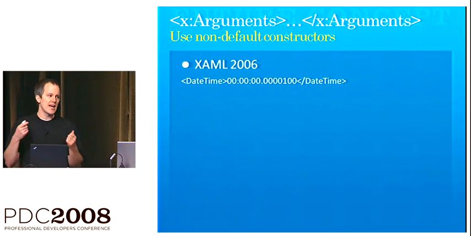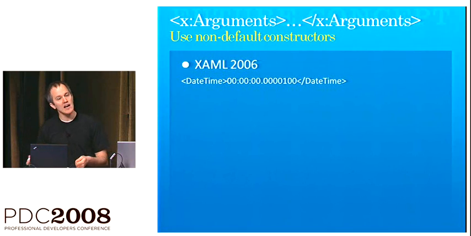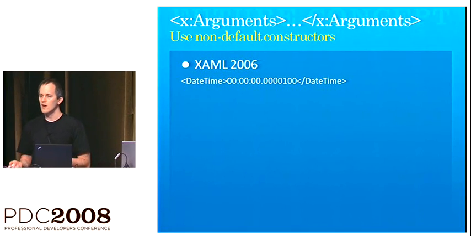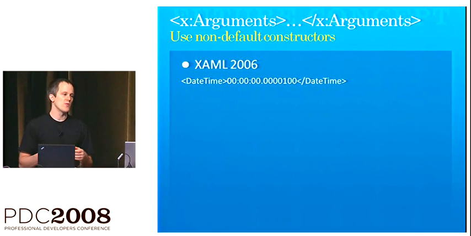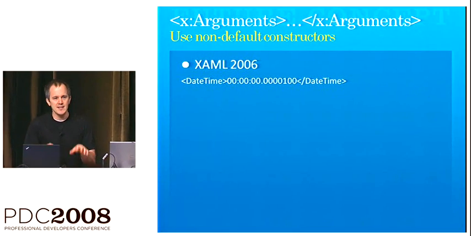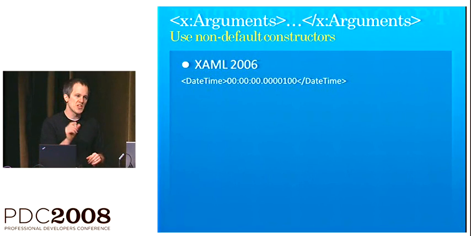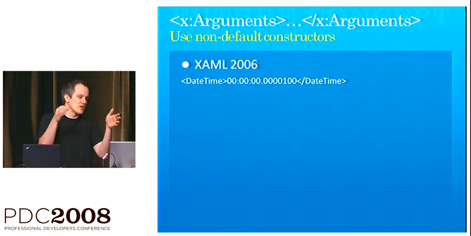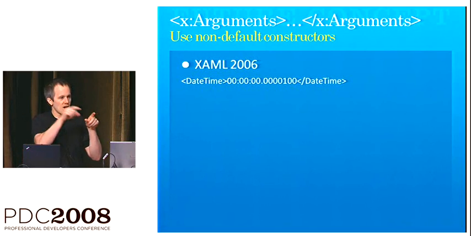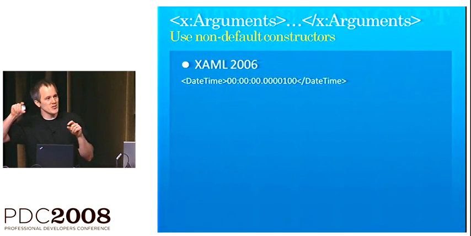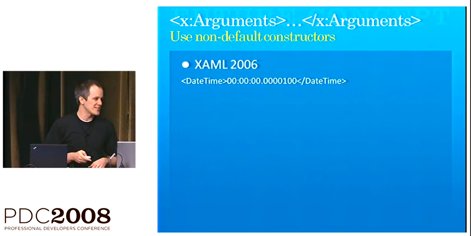Today, if you want to use a type in XAML, it pretty much has to have a public default constructor, or it has to have some sort of type converter. For example, if I wanted to write down in XAML that I want a DateTime to represent the specific time of 100 ticks, well, there's really only a string format for DateTimes today, so I'd have to remember how many microseconds a tick is and then figure out what the string format is and how many zeros I need after the decimal place.